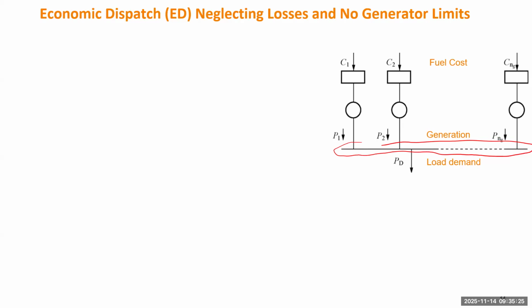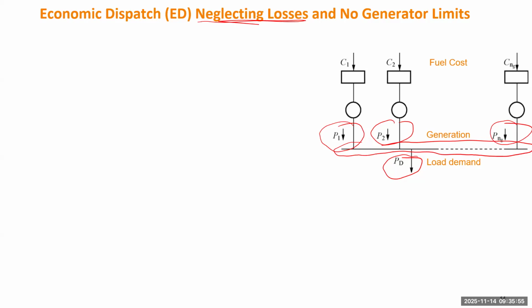Because we don't consider any loss, there will be a power balance which says the input from all the power plants has to be equal to the output of the network going to the load. So we have only a single equation. That simplifies all the power flow equations. So we don't have to worry about the power flow analysis in this problem because we ignore the network.